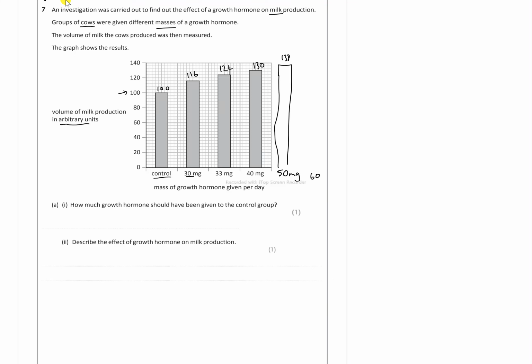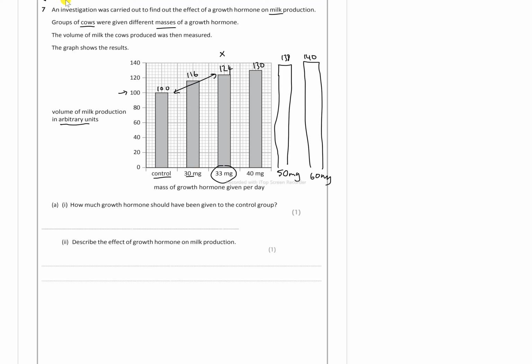So eventually it's going to stop increasing the milk yield. So what the farmer needs to do is say, if I give them 33 milligrams, I'm going to get a 24% increase. But if I start giving them more, I'm getting very little in return. So I might set my dose as that. That's just something on the side. It might not have to do with this question, but let's move on.